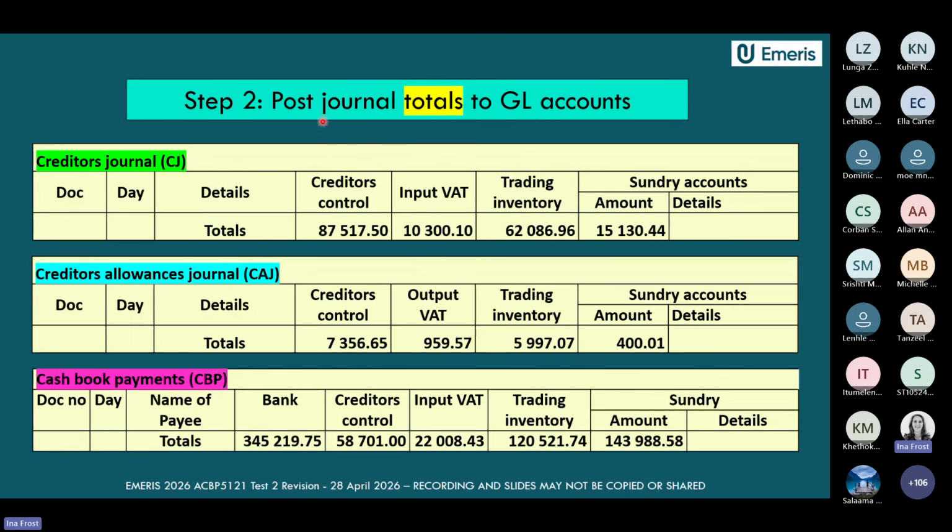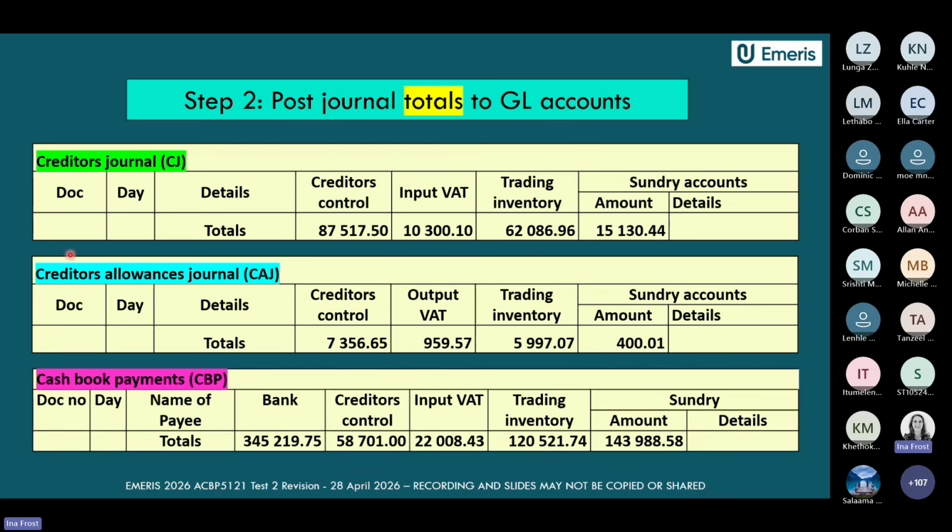So now I'm going to go to my journals for the month, and in particular, it will be your creditors journal, creditors allowances journal, cash book payments. The general journal will also come in here, but in my example, I've taken our three key journals for creditors.